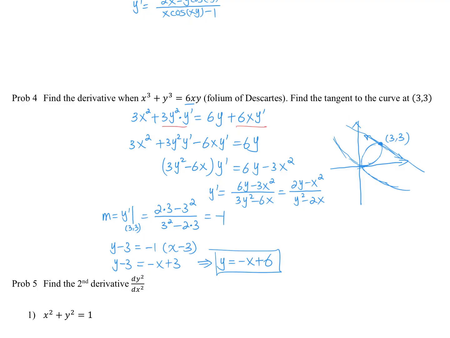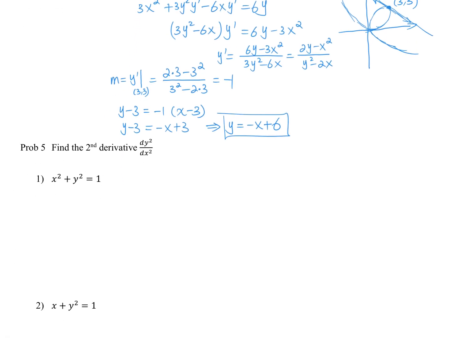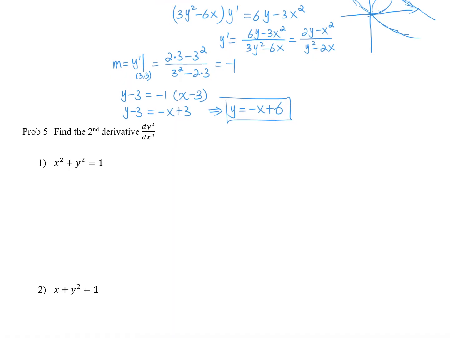To close this section, we're going to take a look at a couple examples that involve the second derivative. Earlier, we found the first derivative for this equation. This represents a unit circle. And let's quickly redo the first derivative. So let's differentiate the left side. The derivative of x squared is 2x. And for the derivative of y squared, again, we take the derivative with respect to x.